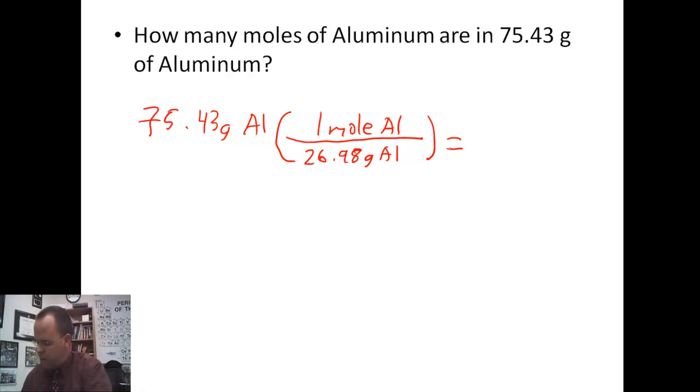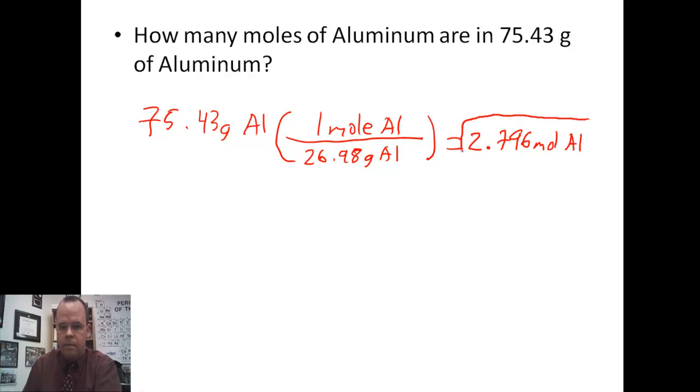We'll divide 75.43 by 26.98. Round to the 4 significant figures from our original number. We get 2.796 moles of aluminum.